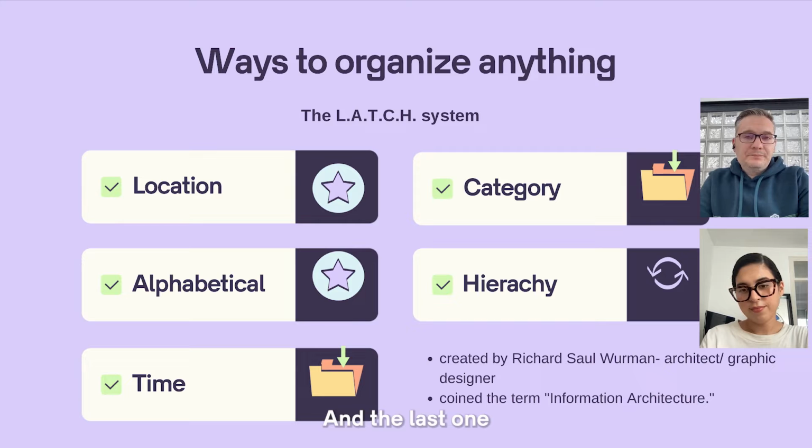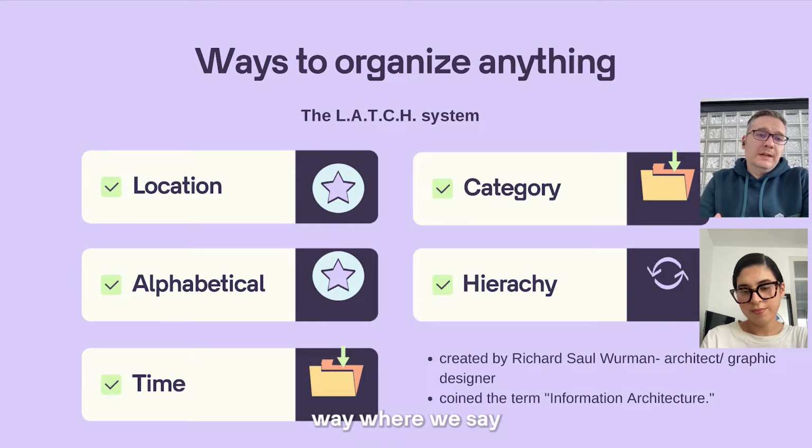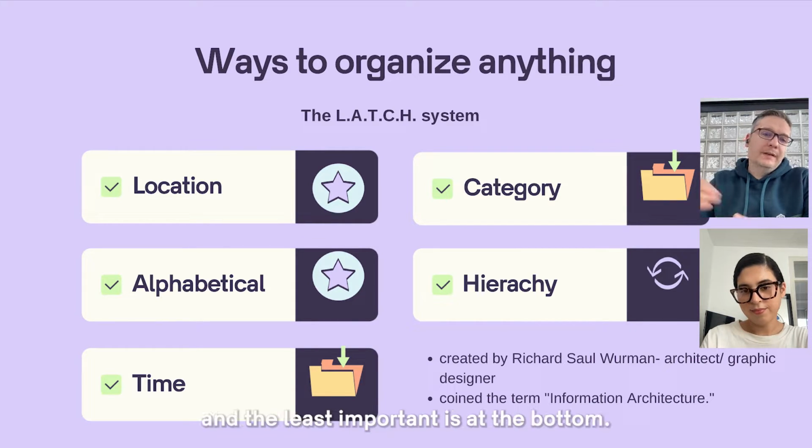And the last one is hierarchy. So you organize information in a hierarchical way, where let's say the most important is on top and the least important is at the bottom.